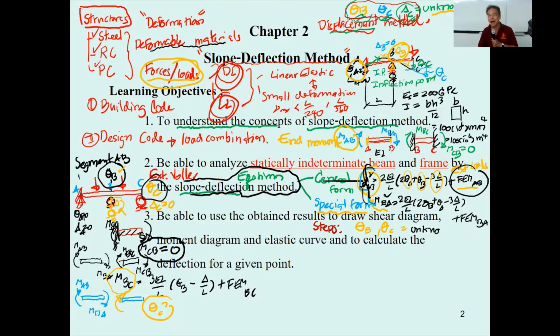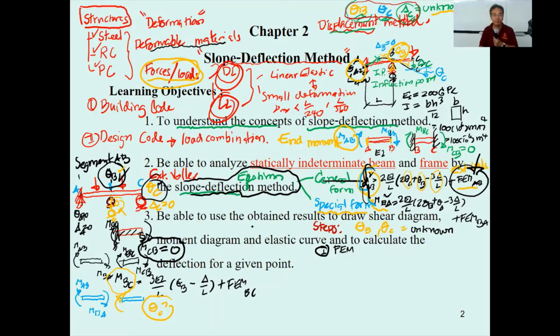Okay, then you consider determining both theta sub B and C. That means you're going to first find the fixed end moment, because based on this equation, this is the one that you know. Theta sub A you don't know, theta sub B you don't know, but fixed end moment AB you know.